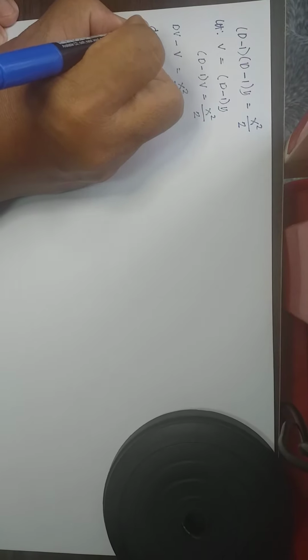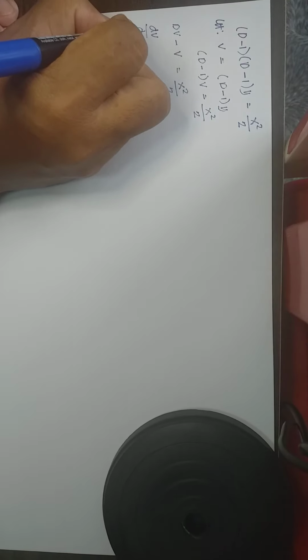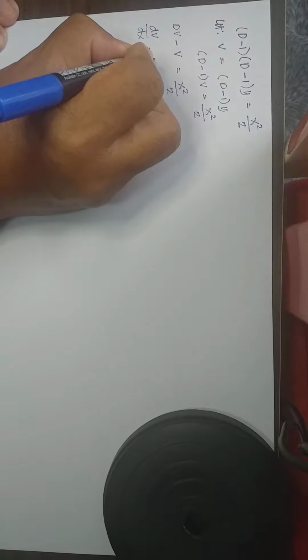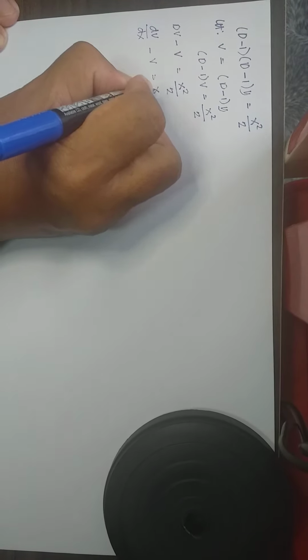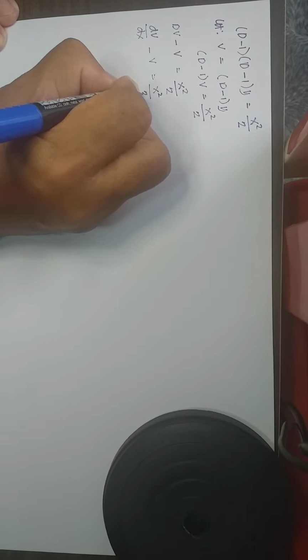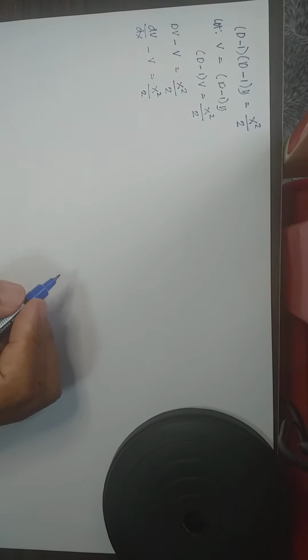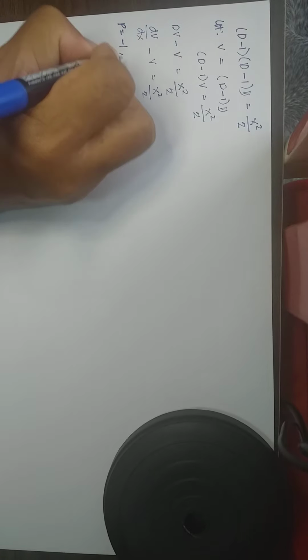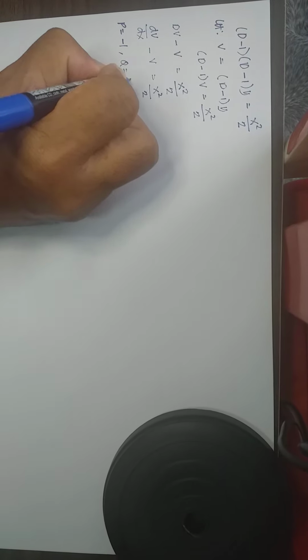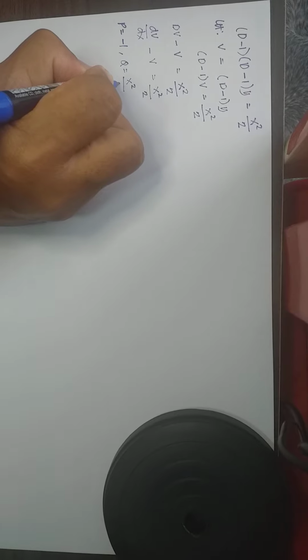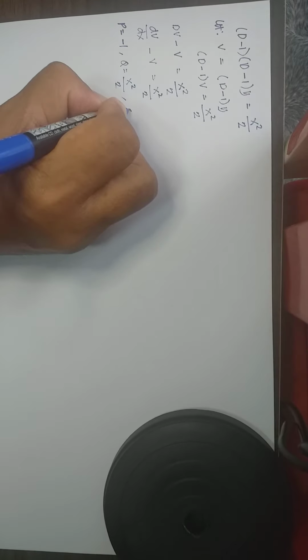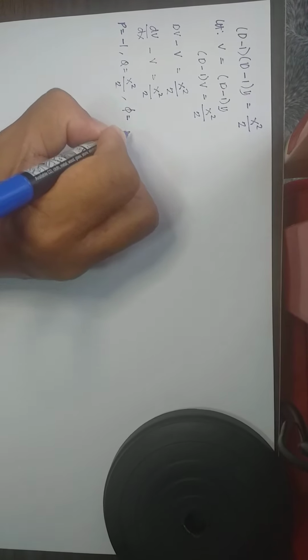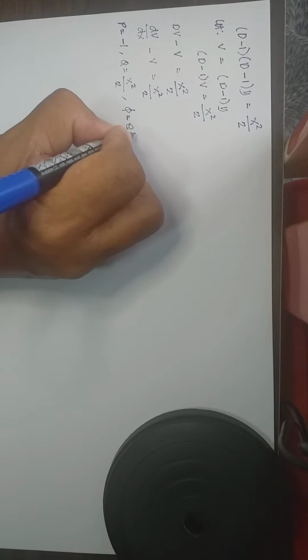Or we have here dv over dx minus v is equal to x square over 2. This is now in the form of first-ordered linear equation, where your p is equal to negative 1, your q is equal to x square over 2, and your integrating factor phi is equal to e to the negative x.